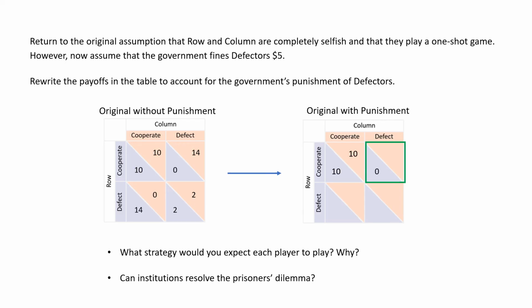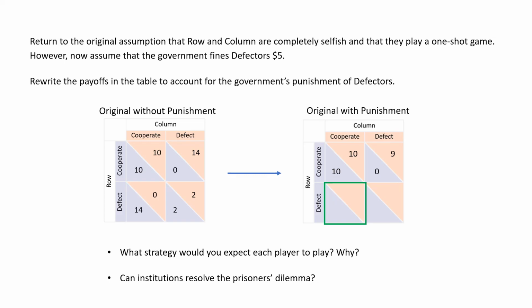However, since column is defecting, his payoff decreases by $5 because he is being punished by the government. Right, so his payoff changes to 9 because 14 minus 5 is 9. Conversely, when we're looking at the cell where row defects and column cooperates, the row player is being punished by the government and the column is not.